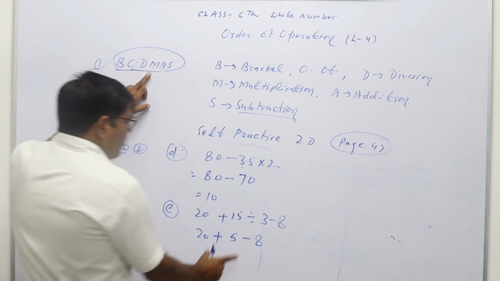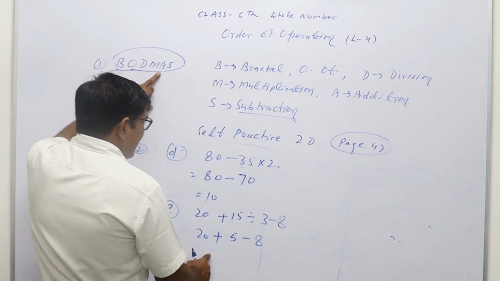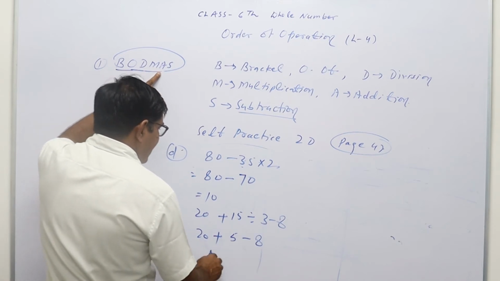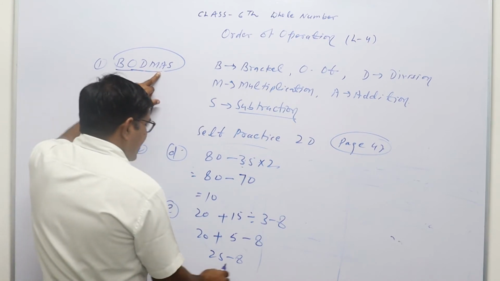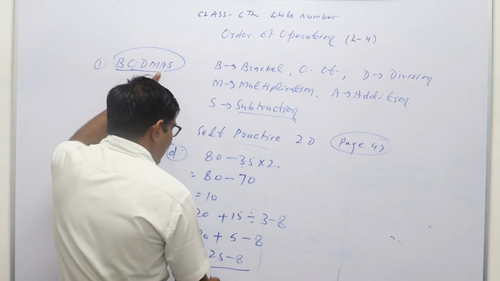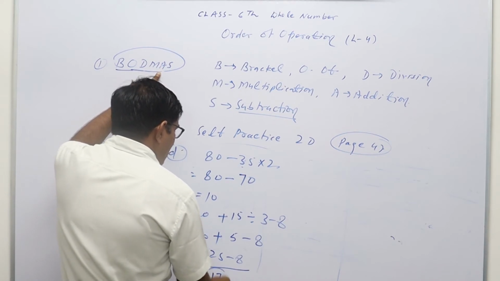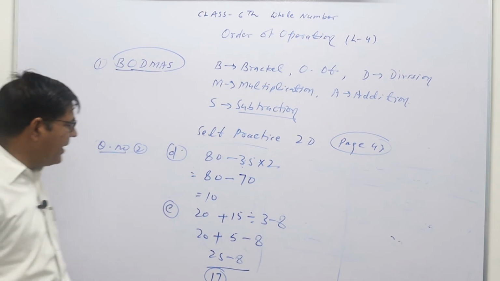Now there are two operations, addition and subtraction. So first we will do addition. So 20 plus 5, that is 25 minus 8. Now only one operation, subtraction. So 25 minus 8, that will be 17.